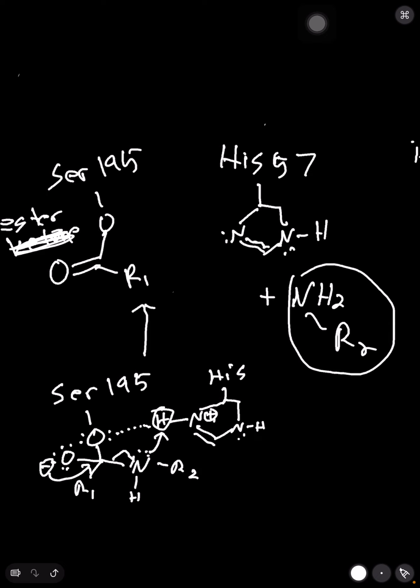Remember, a little thing about catalysts is that catalysts are always regenerated. Catalysts always end up in the same state as when you started. Enzymes are no different, right? Enzymes are natural biological catalysts. So the second stage of the reaction here is going to be in large part getting them back to their original state. All right, so let's see how we do this.